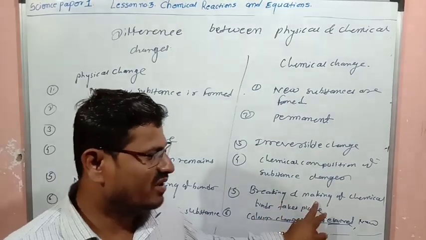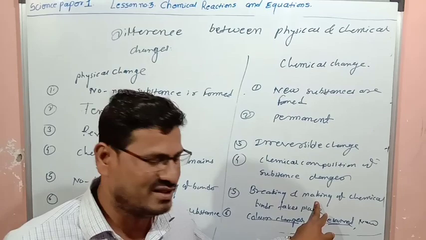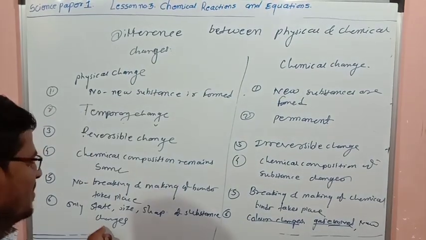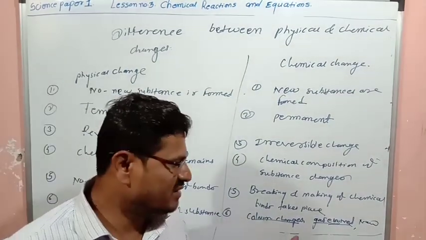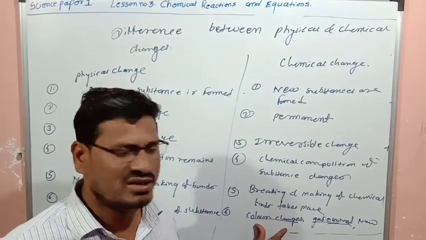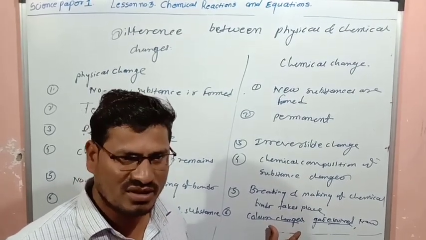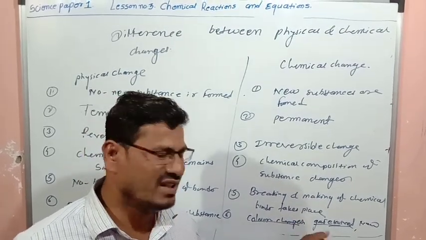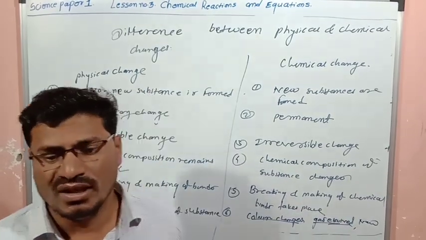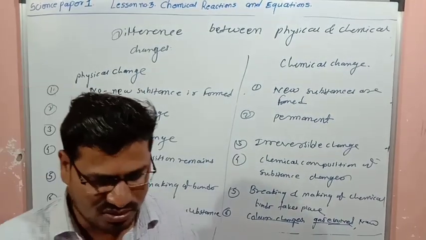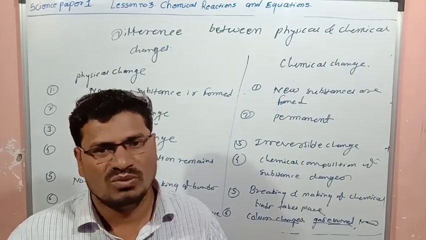In the chemical change, breaking and making of the chemical bonds takes place. And sixth, in the physical change the state, size, shape of the substance changes, and in case of the chemical change, color changes, gas is evolved or temperature change is involved. So next point we'll see.